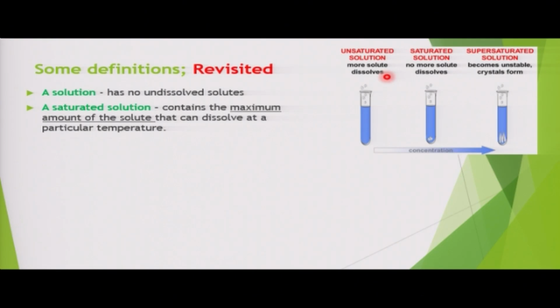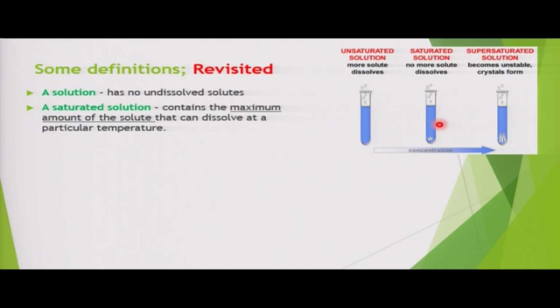And this takes me to highlight a few of those. So we have an unsaturated solution whereby you can still add more solute molecules and they will keep on dissolving. Then we reach a point when those molecules you've added cannot dissolve anymore. In that case, the solution is considered to be saturated. The molecules of the solute cannot dissolve anymore.